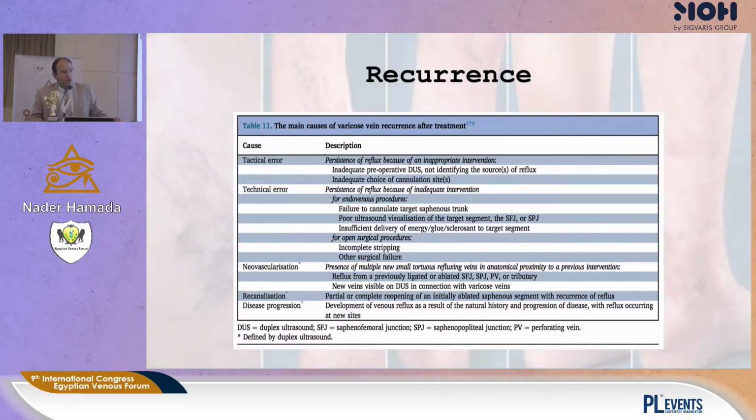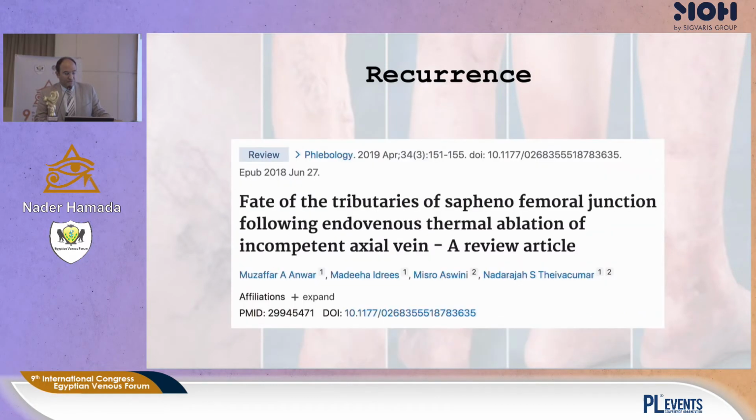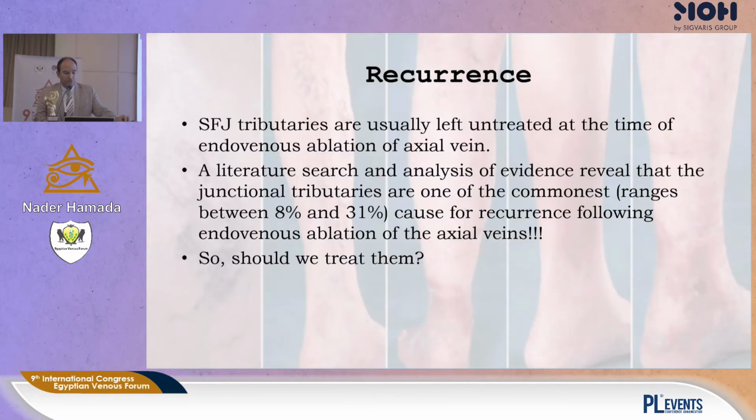Taking in consideration all these causes, it's very difficult for me to ignore them and just target one thing, against the instructions for use of the company, which is the accessory anterior tributary of the great saphenous. There are many articles that talked about the fate of tributaries after thermal ablation.